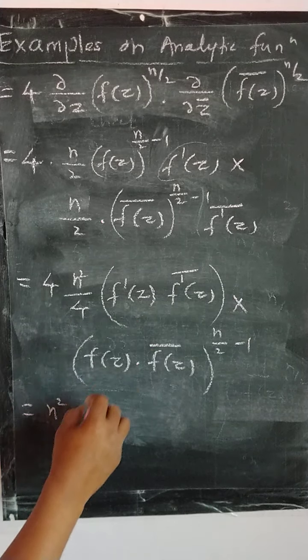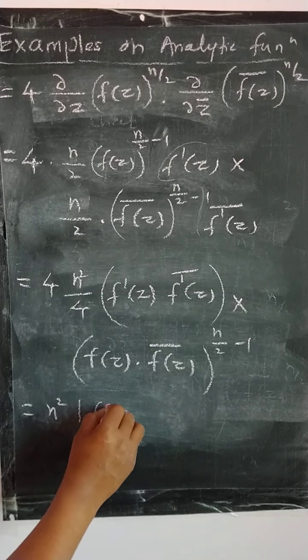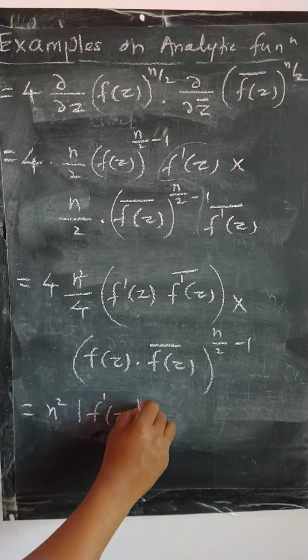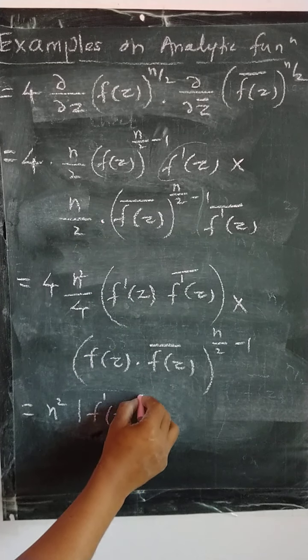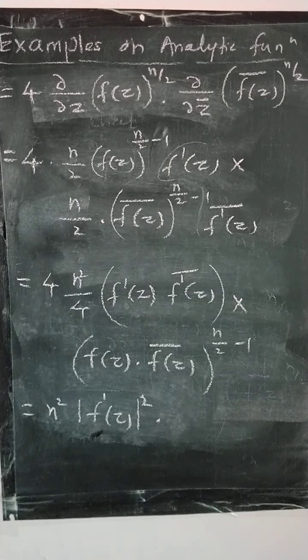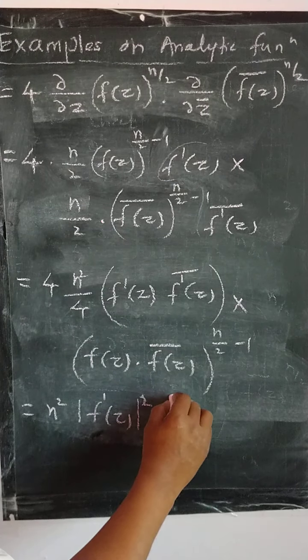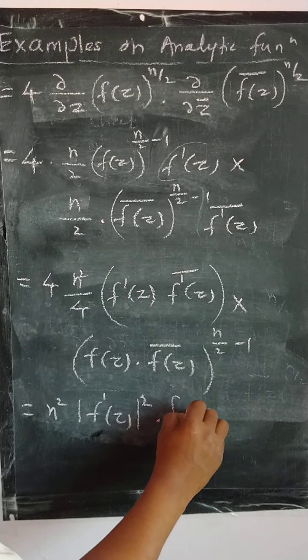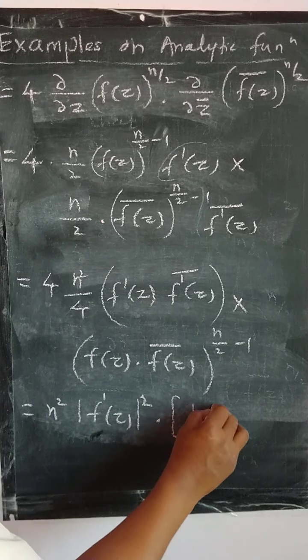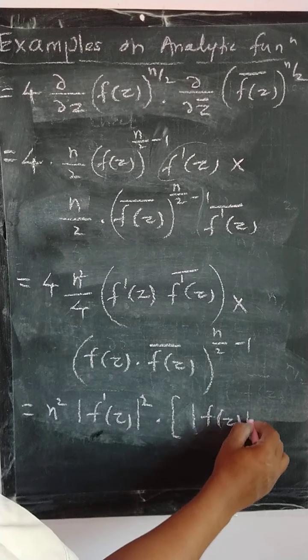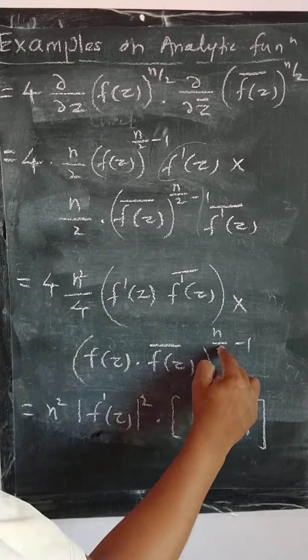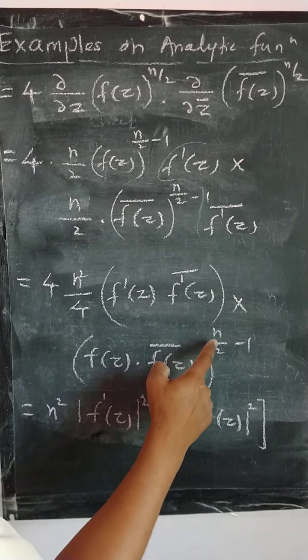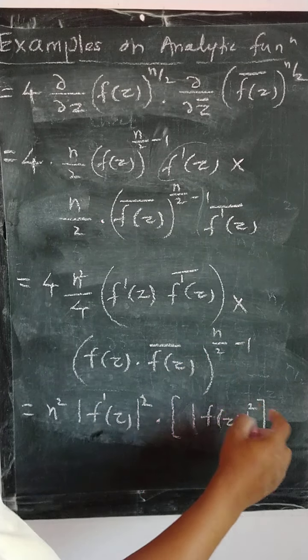I get n² into |f'(z)|² into |f(z)|² the whole raised to n minus 2 upon 2.